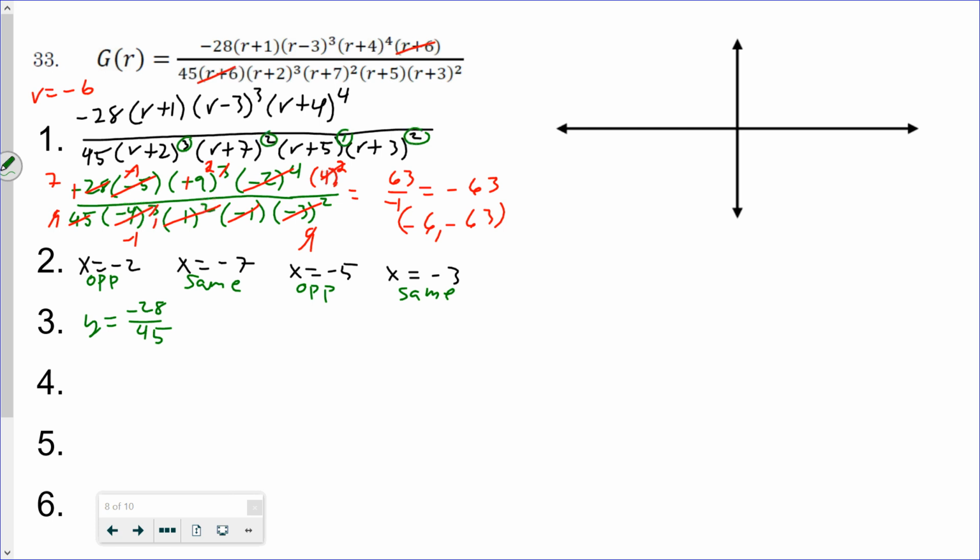All right. So I'm going to go ahead and graph all my asymptotes now and my hole. So if x equals negative 7, I'll put that way over here. X equals negative 5, I'll put it right here.